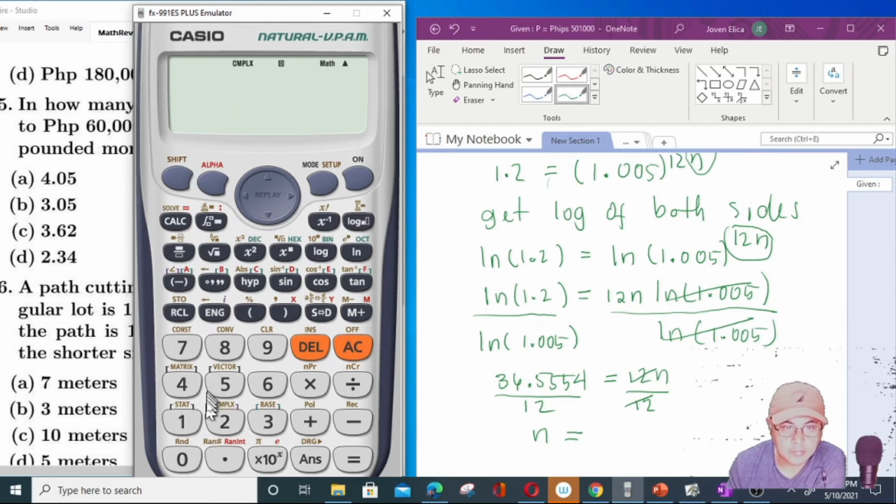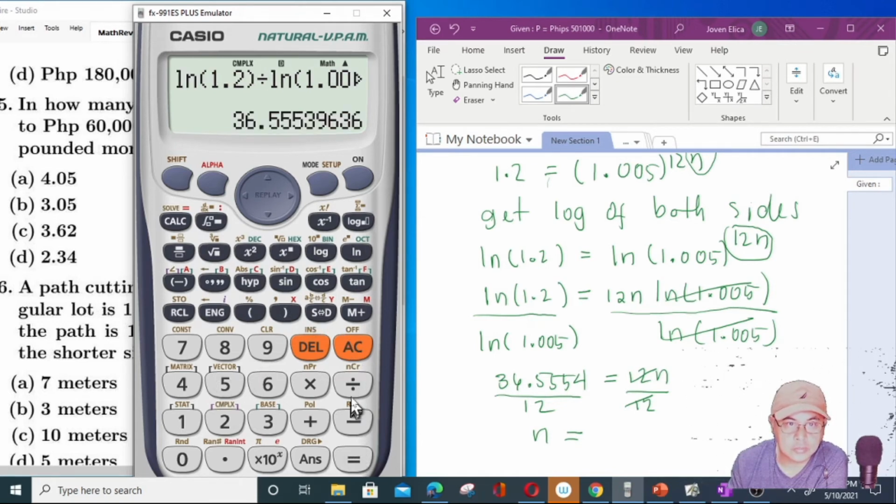Wait. Let us try again. ln 1.2 divided by natural log of 1.005 is equal to, and then divide by 12.